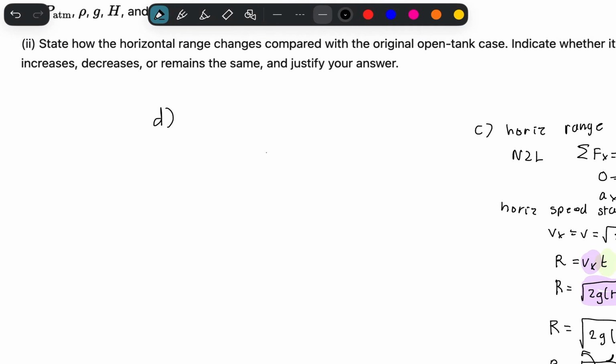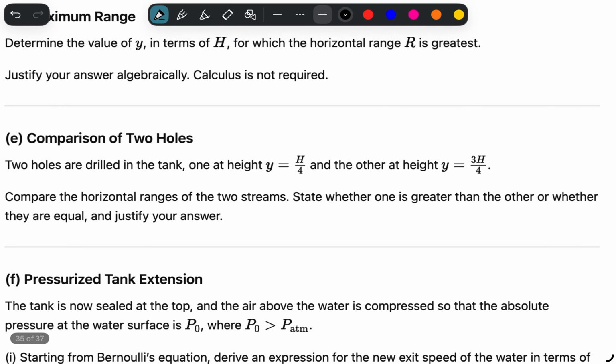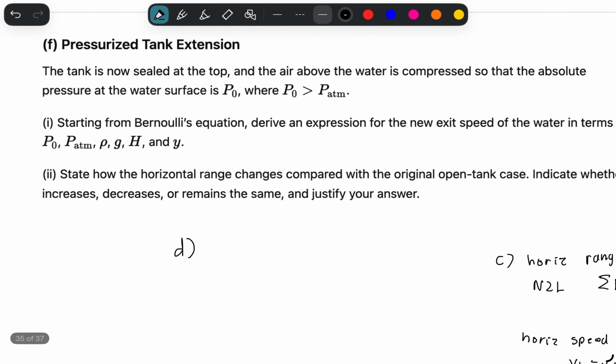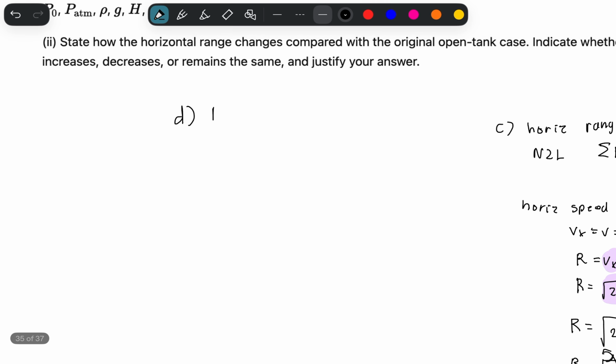Now for part D, we're asked what is the maximum range? Determine the value of y in terms of h for which the horizontal range is the largest. So we're asking what y makes r the largest.